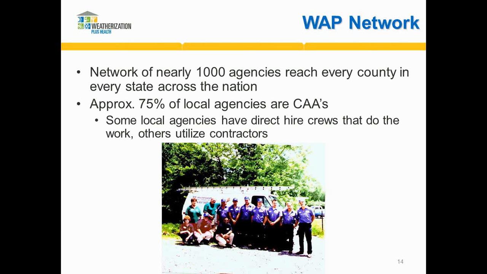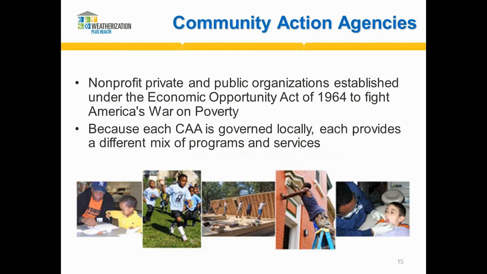And those community action agencies have either direct hire crews that do the work, or they contract with home performance type, weatherization type contractors to do the work. I'd say that is split fairly evenly, about half and half, of agencies that use direct hire and agencies that use contractors to do the actual work.